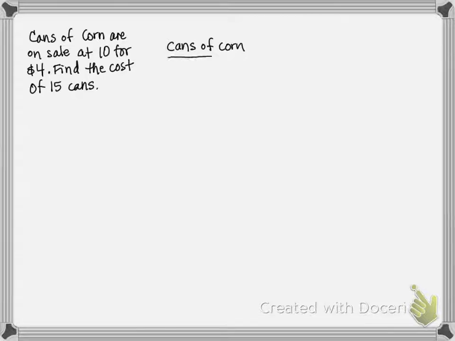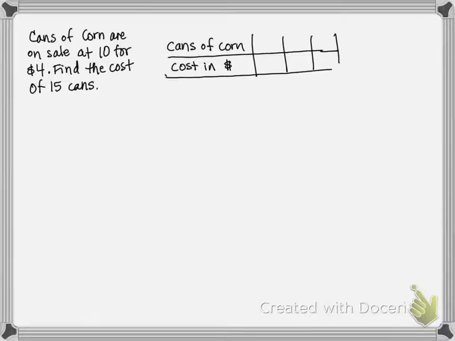Okay, so we're going to compare cans of corn, and then that's going to be compared to cost in dollars. Okay, and then I'm going to do 3, but we don't always end up needing to use the middle one. Sometimes we do, so I just put it there. The book puts it there just in case you need to.